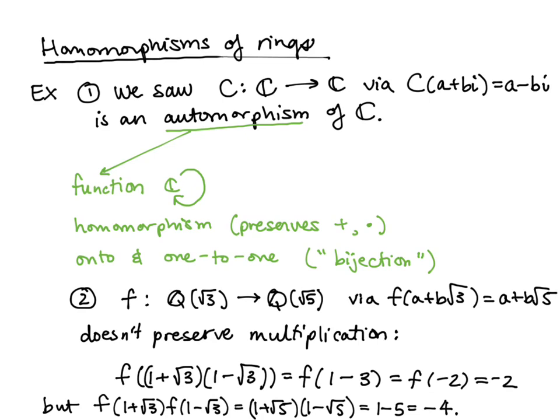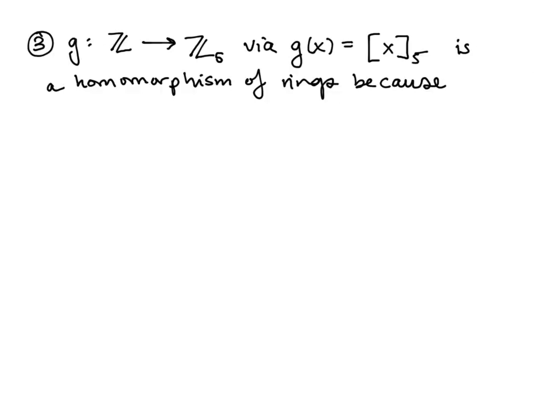All right, here's one more example. Let's take this function g. g starts with an integer and takes it to its equivalence class modulo 5. Now, I claim that this is a homomorphism of rings, and here's why. g is a function. Every element goes to a specific equivalence class, so it's well defined.